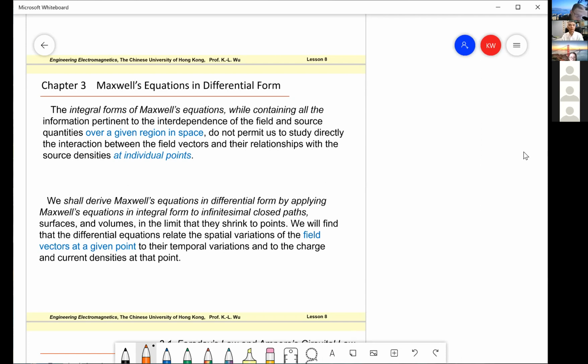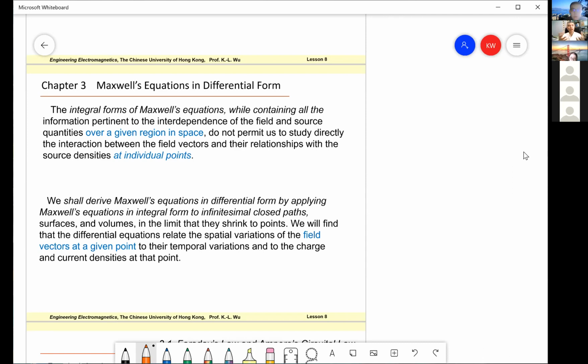Integral form only gives you the line integration, where the line can be large enough, and the surface integration, which you can define with a certain size, and then you can conduct a measurement and so on. But that only gives you a kind of macroscopic description of the field behavior.